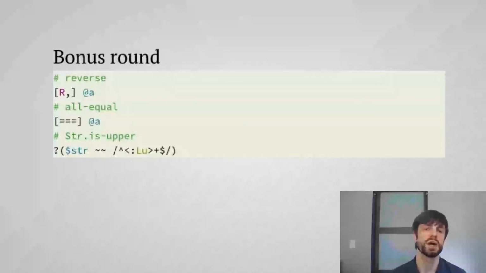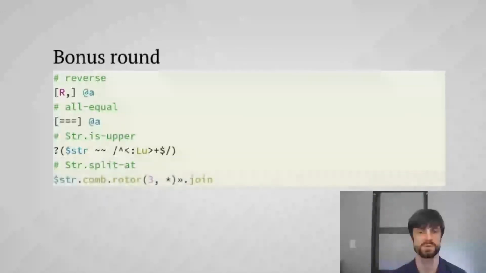Next, I want to mention splitting a string at a particular index. In this example, we're splitting at 3. Note that although strings are not character arrays in Raku, they are easy to turn into a list of characters with comb, and then you can rotor or zip or do whatever you want, operate on them as a list, and then join them back into a string.